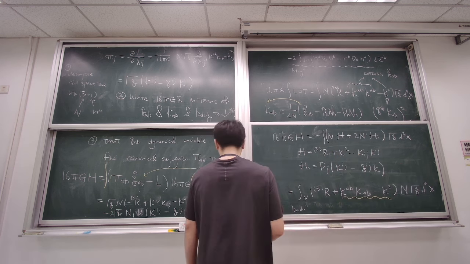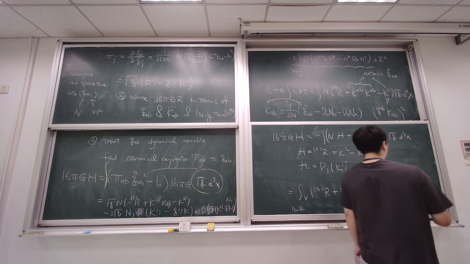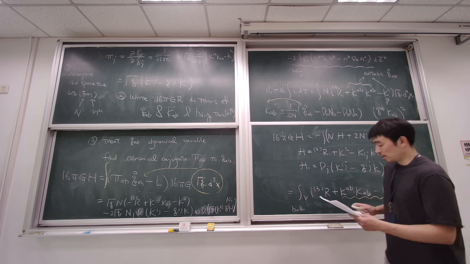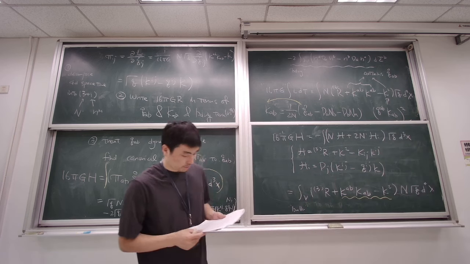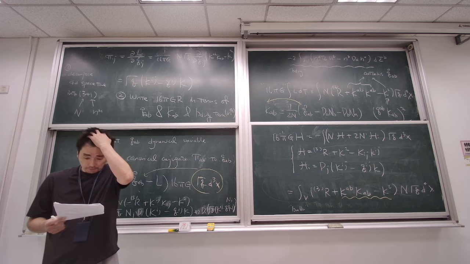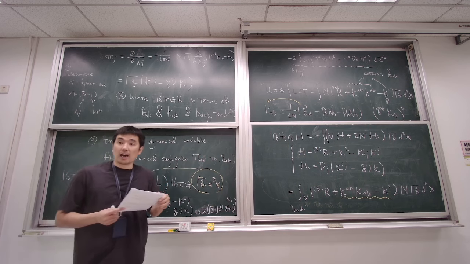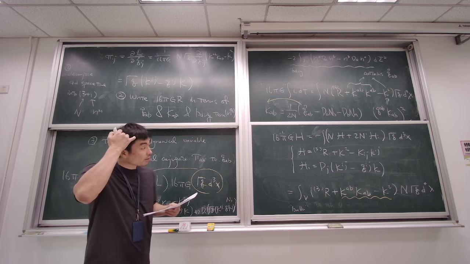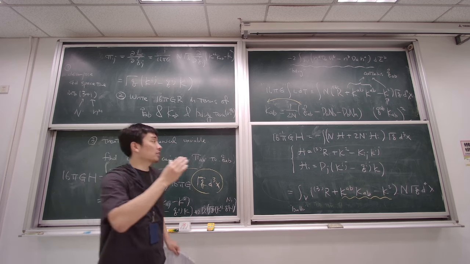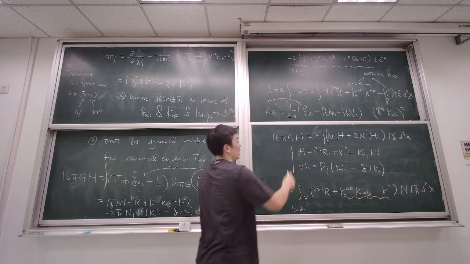Here we ignore all the boundary terms at this moment, and this becomes the Hamiltonian of this 3+1 decomposition.